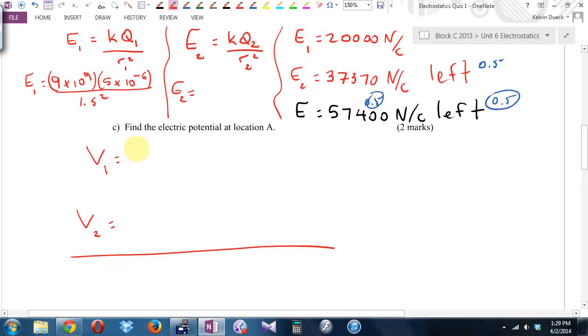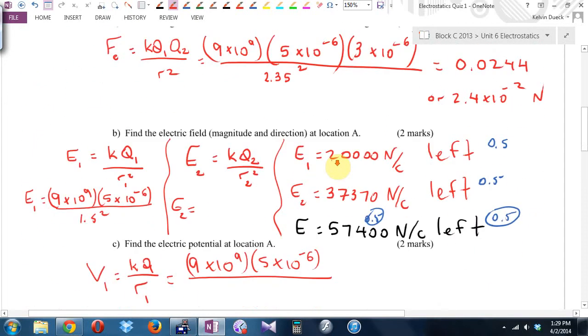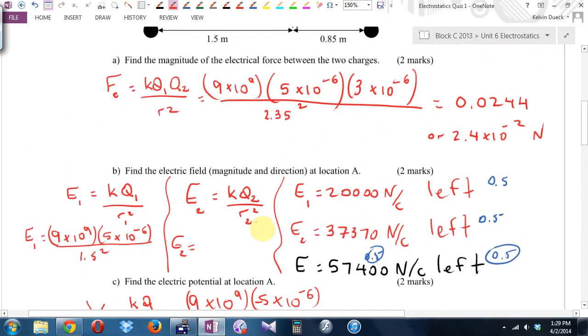The voltage from charge 1 is KQ1 over R1. It's going to be 9 times 10 to the 9th, 5 times 10 to the negative 6. No, Mr. Dueck, you're doing a scalar. You better include the sign. Negative 5 times 10 to the negative 6.